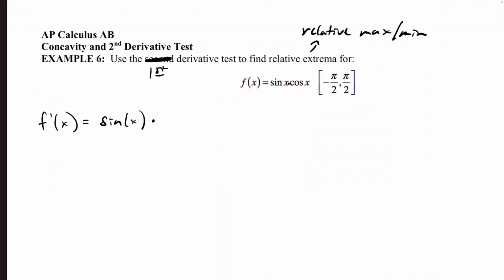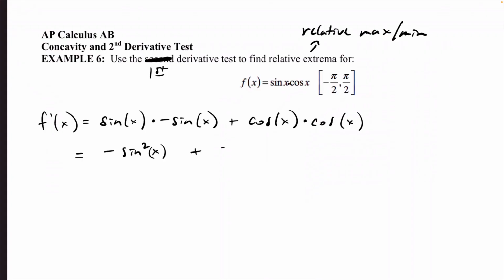Derivative of cosine is negative sine. Plus the second times the derivative of the first. The derivative of the first is again cosine. Okay, I did do it right. So it's negative sine squared of x plus cosine squared of x. That's the first derivative.